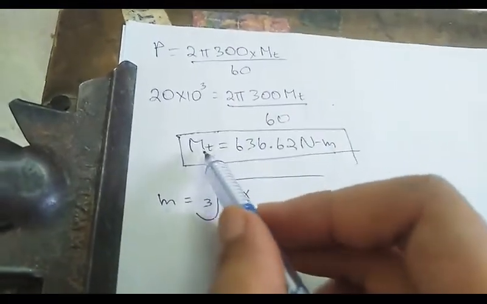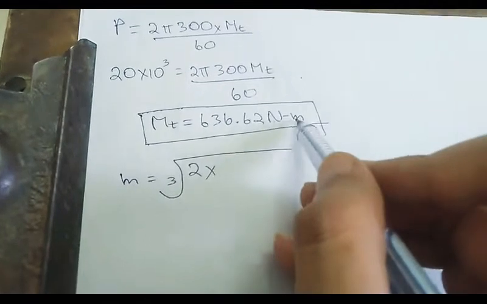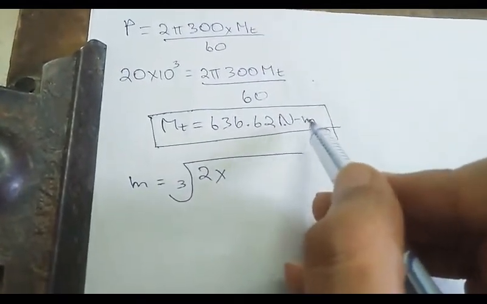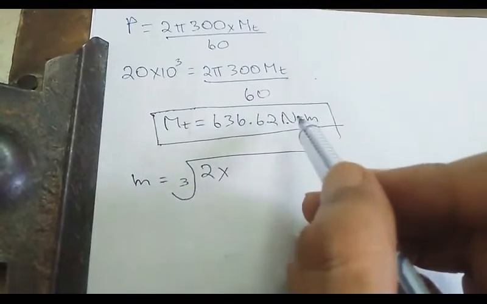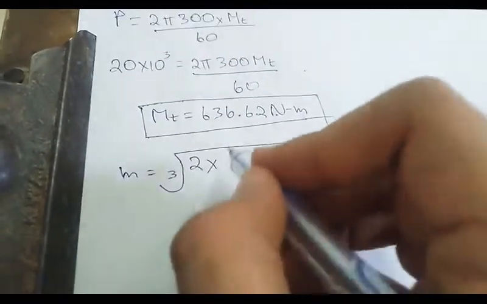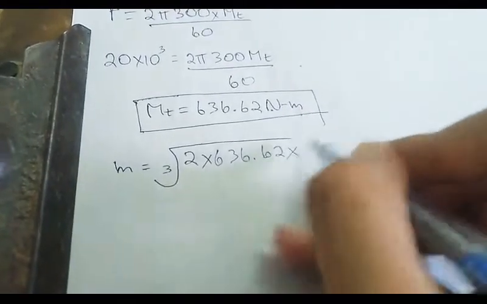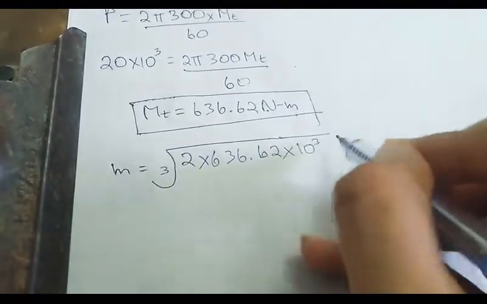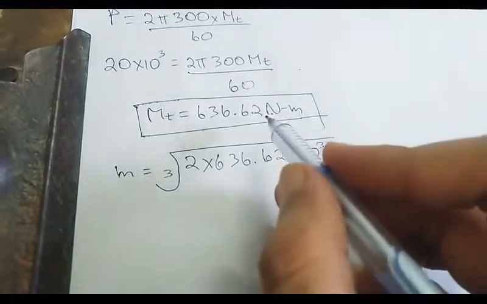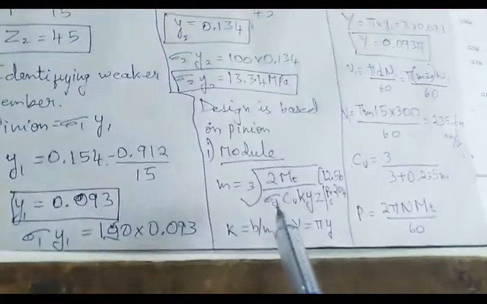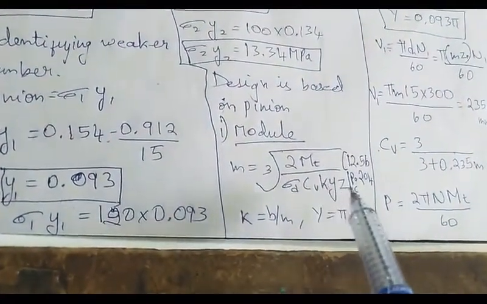In this formula we shall substitute mt in Newton millimeter. The value is in Newton meter, so we convert it to Newton millimeter: 2 into 636.62 into 10 power 3, in Newton mm, divided by sigma d cv k y z.